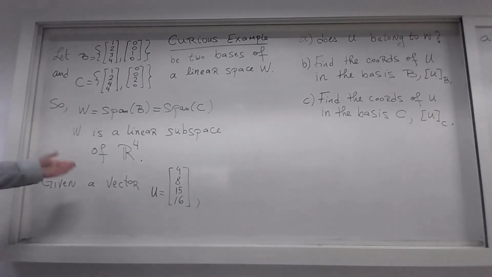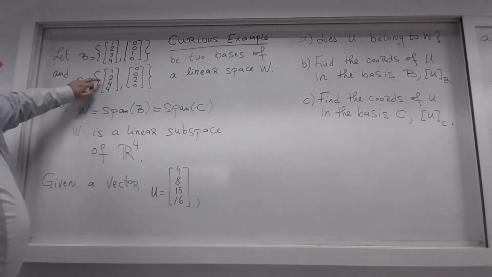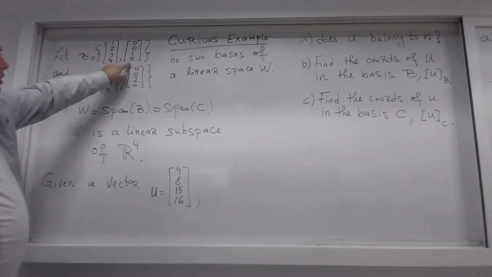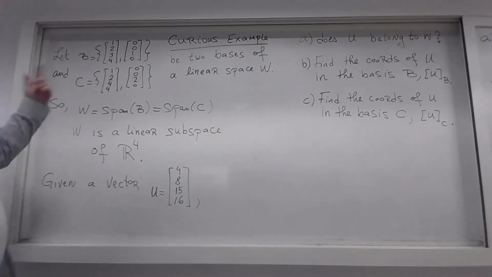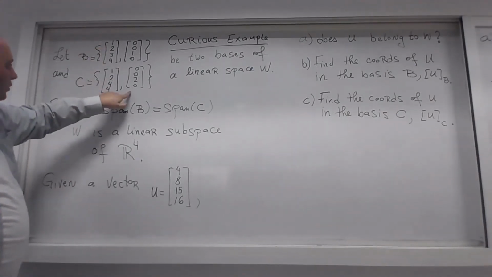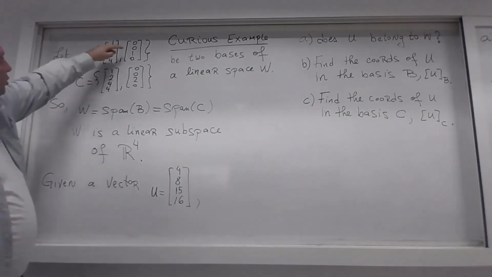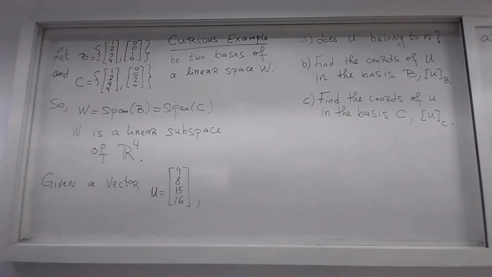By the way, you could verify that this vector is a linear combination of these two, and this vector is a linear combination of these two. Also, you could verify that this vector is a linear combination of these two, and also that this vector is a linear combination of these two. That's not complicated.